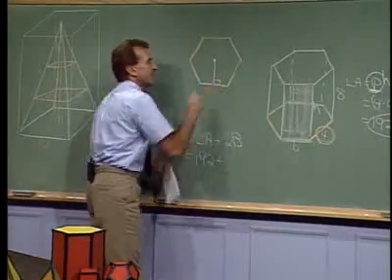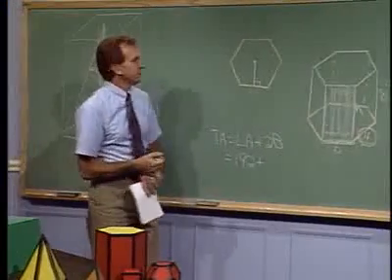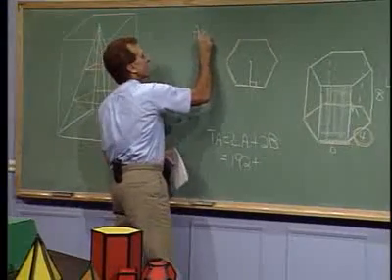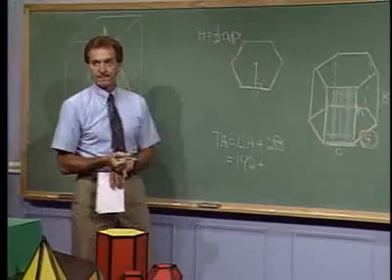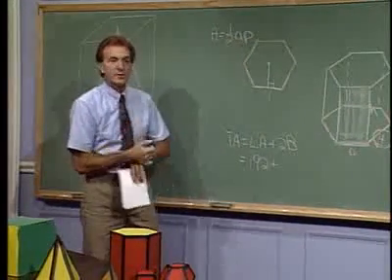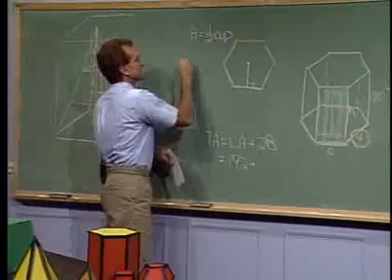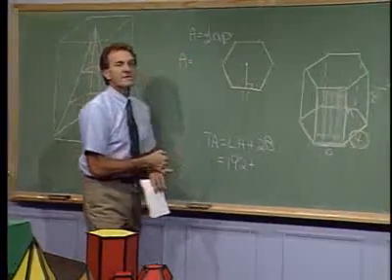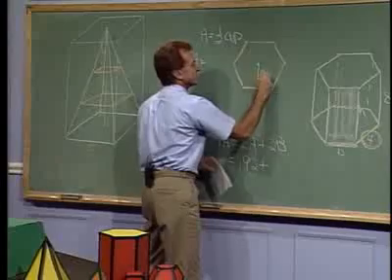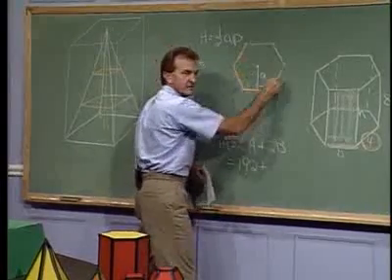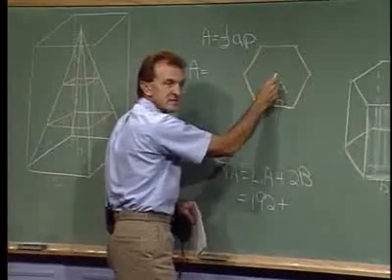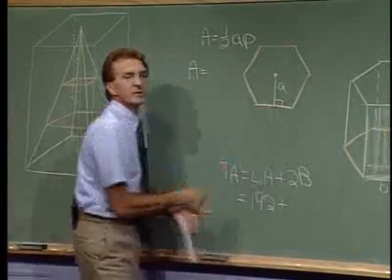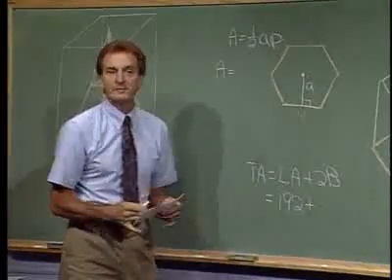To find the area of any regular polygon, recall from a previous lesson, the area of a polygon is 1/2 its apothem times its perimeter. A theorem or a property we just learned in the previous lesson. So 1/2 the apothem. The apothem, remember, is like the radius of the invisible inscribed circle, so the apothem comes from the center of the polygon perpendicular to the side at its midpoint.